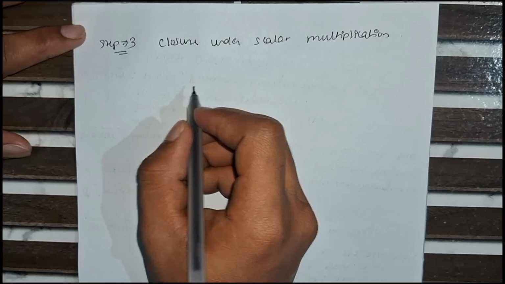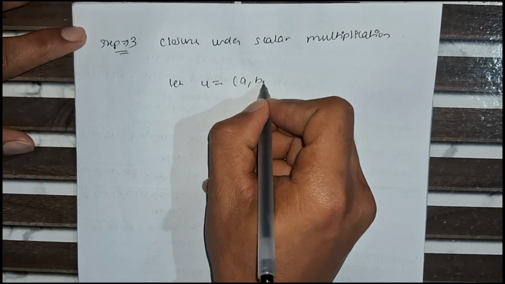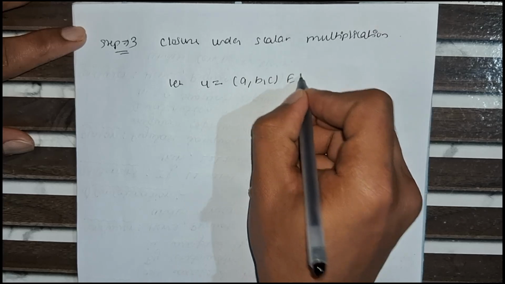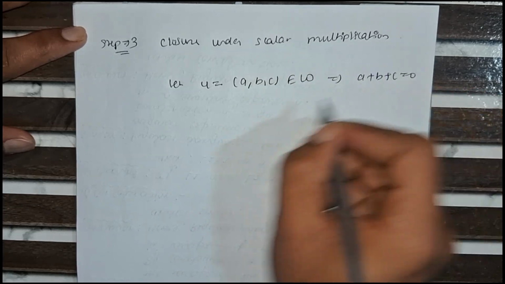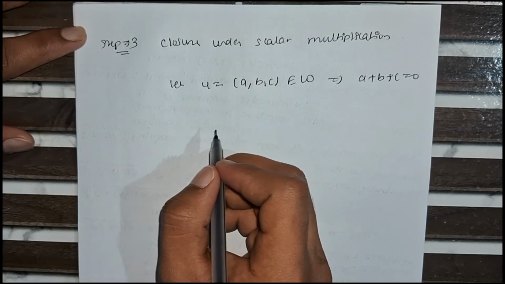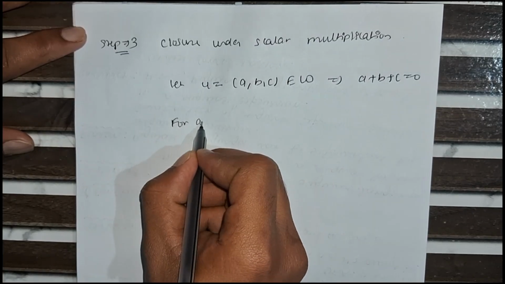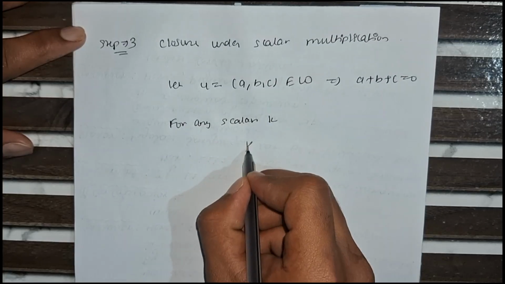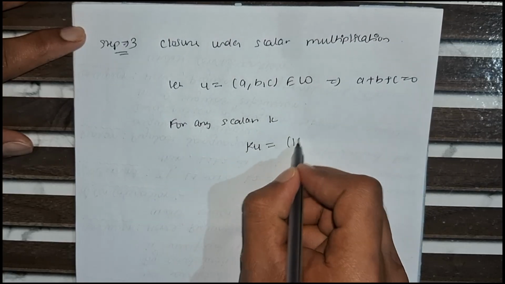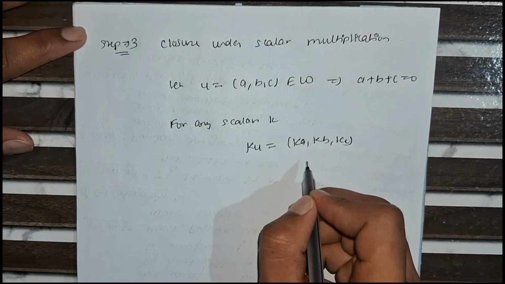So let u = (a, b, c). This also belongs to W, where W is a + b + c = 0. For any scalar k, we can multiply k by u. It means for any scalar k, k times u equals (ka, kb, kc). This is our scalar product.